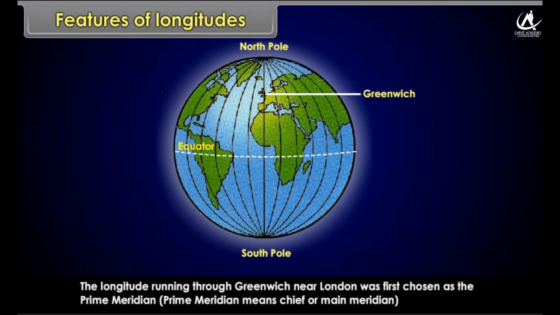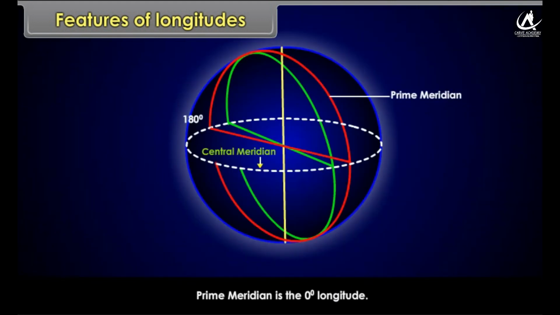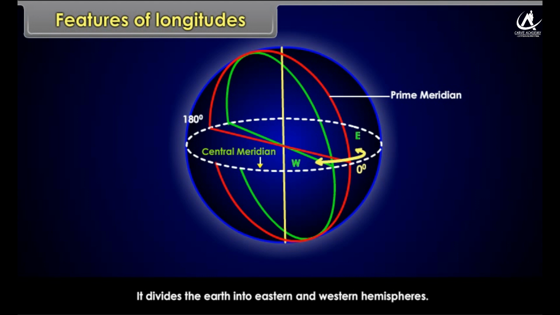The longitude running through Greenwich near London was first chosen as the prime meridian. Prime meridian means chief or main meridian, having noon at the same time at all places on this line. Prime meridian is the 0-degree longitude. It divides the Earth into eastern and western hemispheres.